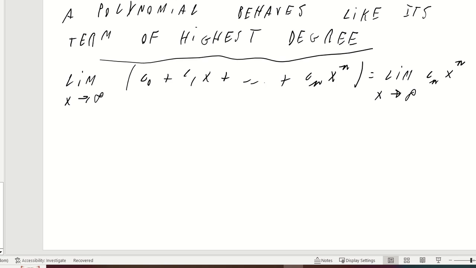This is a way of more easily computing the limit of polynomials that you may encounter when you're dealing with x tending to infinity.